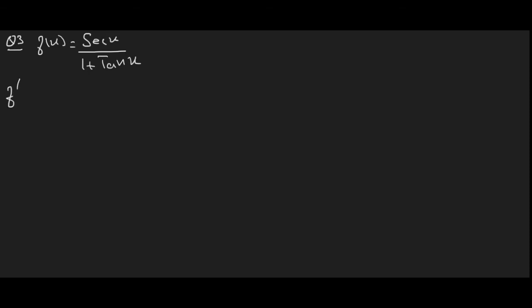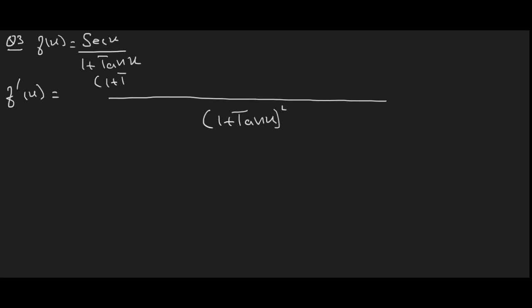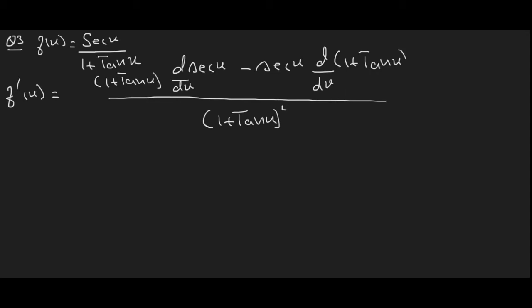Now taking the derivative and using the division rule here, we have 1 plus tangent x whole square, 1 plus tangent x d by dx secant x minus secant x d by dx 1 plus tangent x.